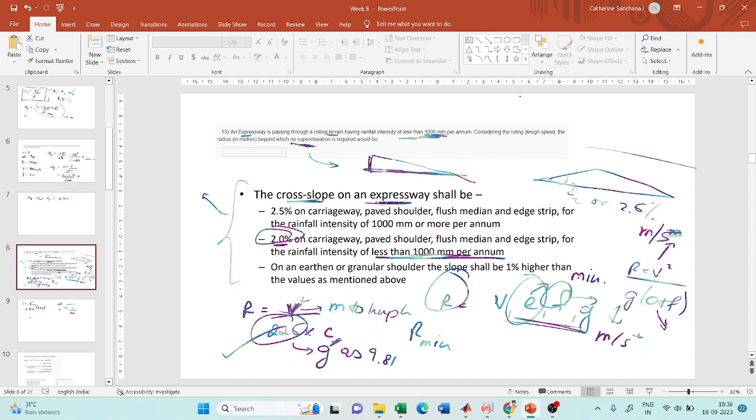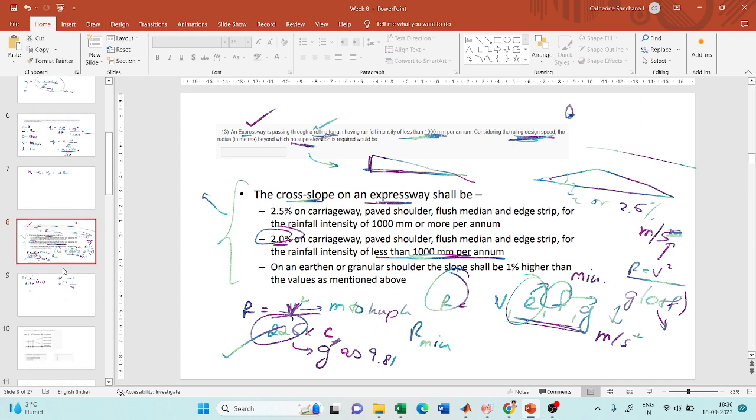They have not given V also, but they've given you one more piece of information: it is a rolling terrain, so you have to consider the rolling design speed. We saw that the speed of vehicles on a roadway will depend on the type of highway and the type of terrain. So for solving this problem, you require two pieces of information: one is the camber, which we just saw, and the other is the design speed, which you can take from the table.